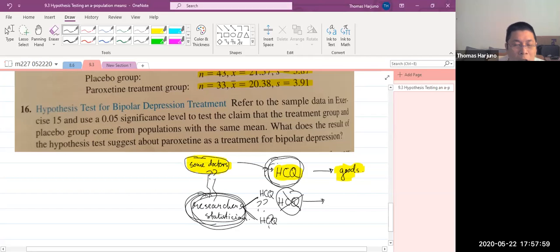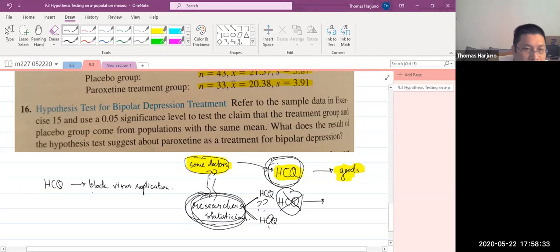My issue is that the way hydroxychloroquine works is to block virus replication. It turns out it works pretty well at the onset, at the beginning of the symptoms.